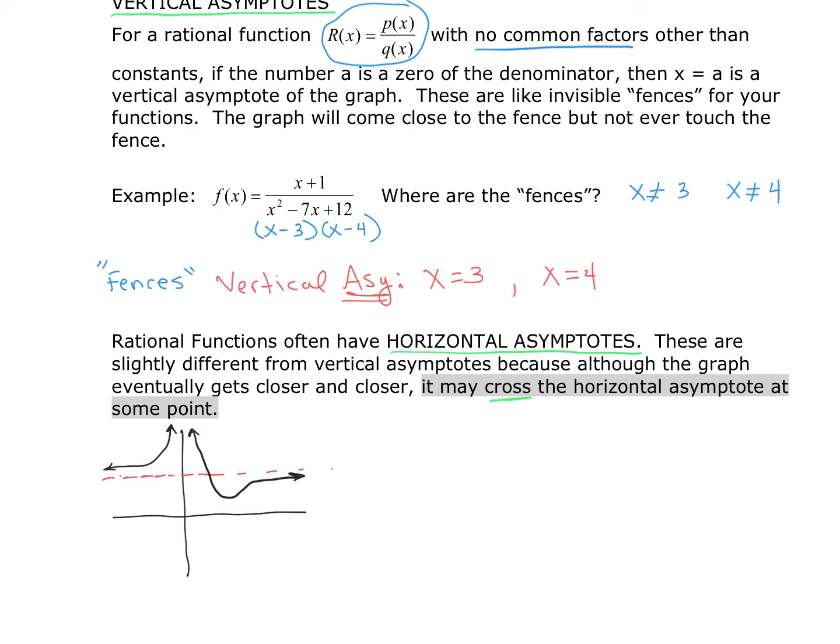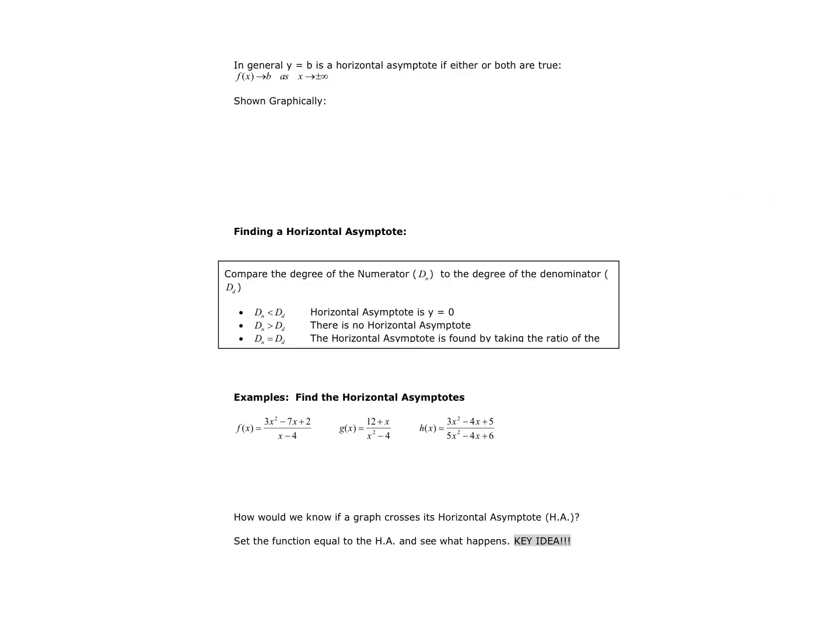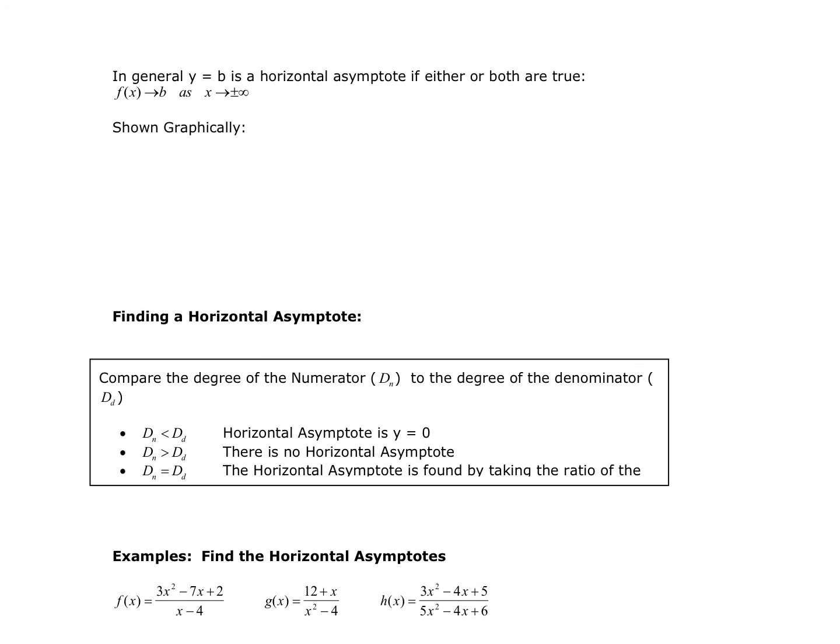So let's take a look at how we find horizontal asymptotes and how we know if it's going to cross. In general, a horizontal asymptote is going to have the form y equals b if either or both are true: the function value approaches b as x gets arbitrarily large or arbitrarily small.